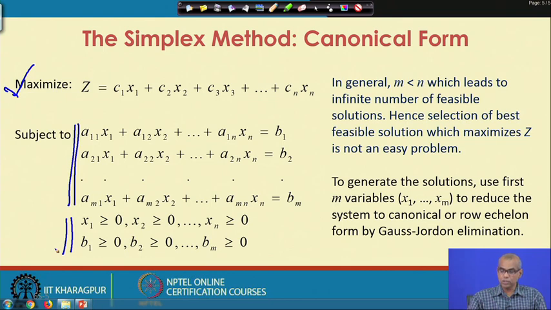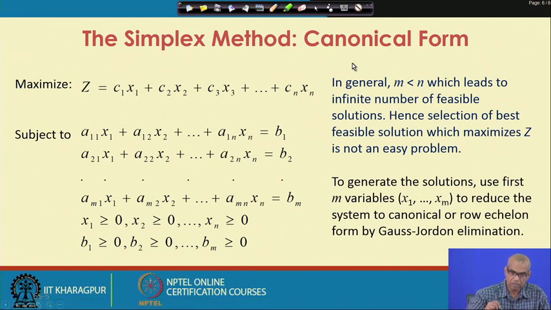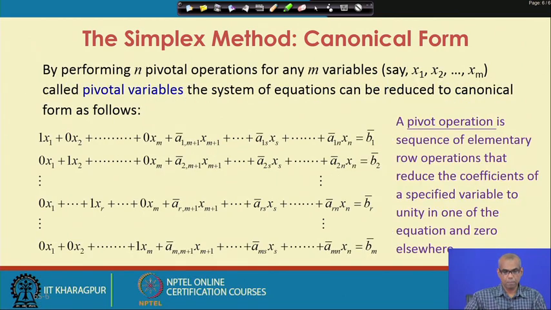To generate the solutions, we first use m variables to reduce the system to a canonical or row echelon form by Gauss-Jordan elimination. Then we can have a working solution by putting the values of the remaining m plus 1 to n variables as 0.